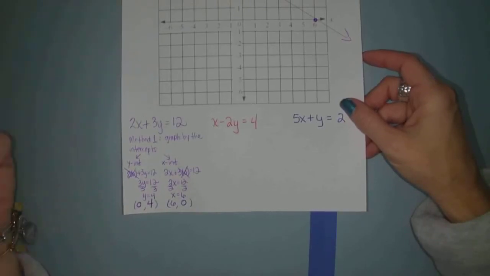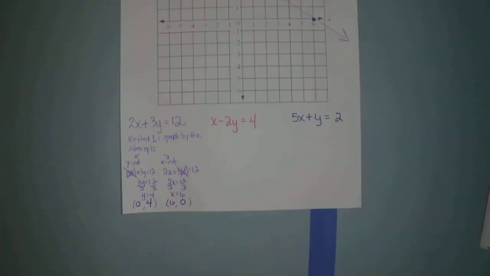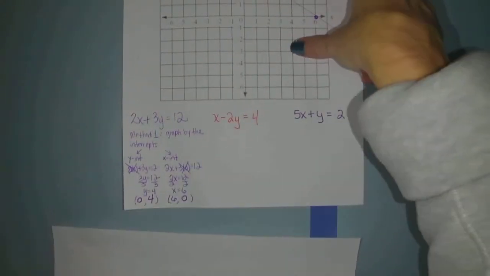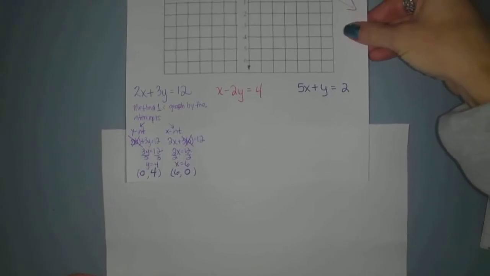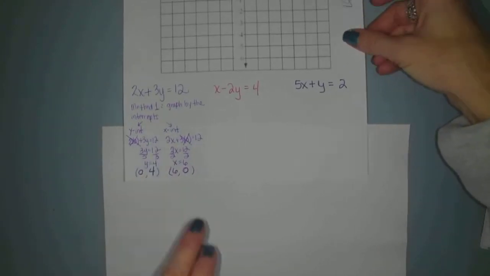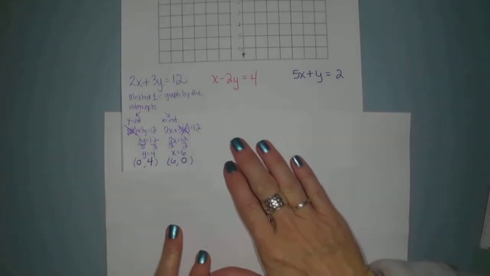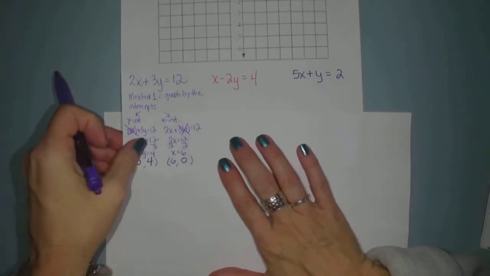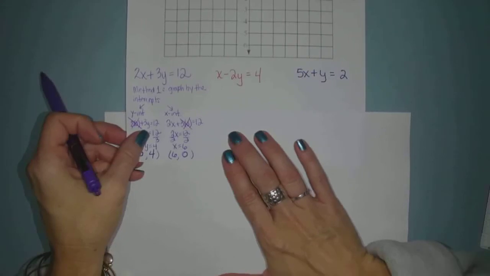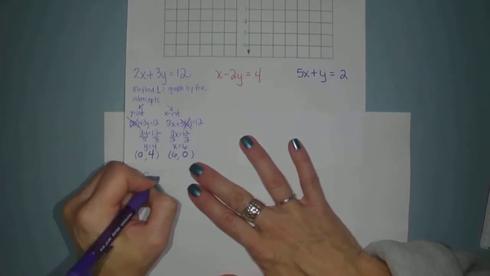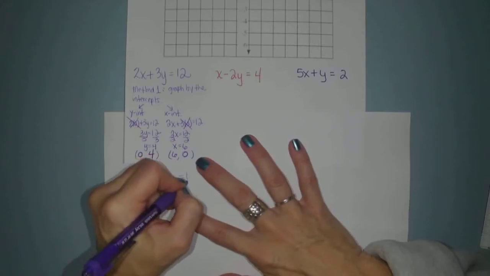Now, there is an alternative to this. I kind of ran out of room on my paper, so I'm just going to add some paper to the bottom so that I can continue on. If you're out of room, you could also go to the back of your paper, or just get another piece of paper you can staple. But the other way you could do this, everyone, is to solve this literal equation. So say we take 2x plus 3y equals 12.